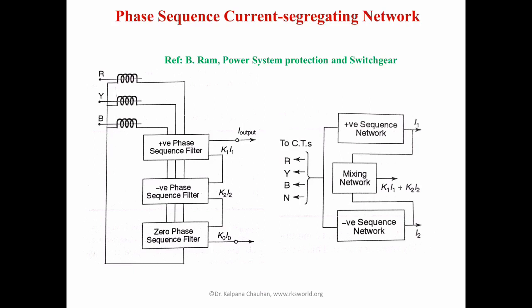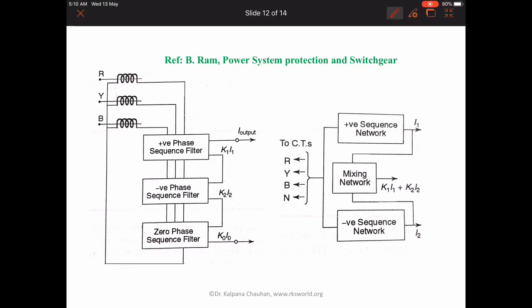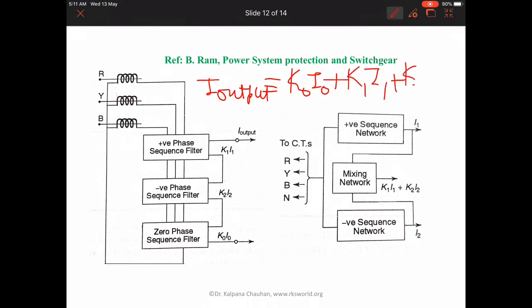The output of the network or any other kind of summation device, we have shown it here, and we can show its output as K0 I0 plus K1 I1 plus K2 I2. The constants K0, K1 and K2 depend on the device which is used to derive a single phase quantity from the three phase quantities.